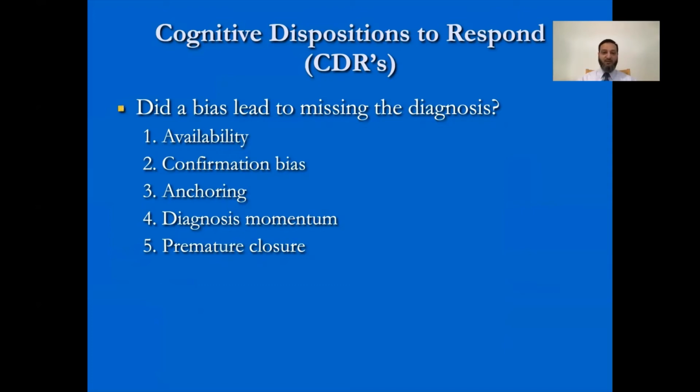Confirmation bias. Again, we presumed the patient had an intussusception based on the history and the KUB. So we did a barium enema. Even though it did not show an intussusception, the confirmation bias that we might have had said, well, maybe there was an intussusception that we missed, and it was spontaneously resolved by the time we did the barium enema, so we made the diagnosis that way.